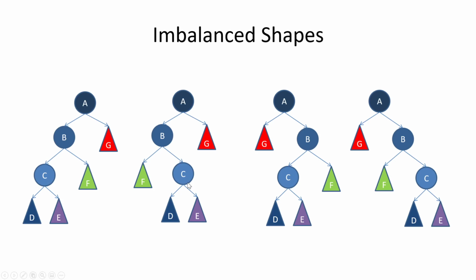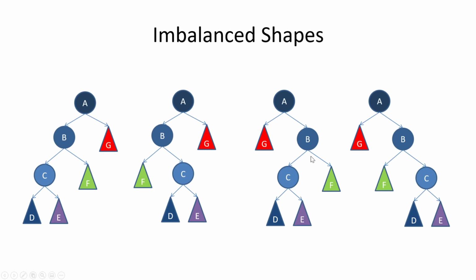So now we have left, right, and again we can change this structure, the left, right structure, into the left, left by doing a rotate left on the B node, and we'll look at an example of that in a second. And then same thing here, we have the same two structures on the right, they're just symmetric: right, right, right, left. Again, we can turn the right, left structure by doing a rotate right on the B node, it will turn us into this structure.